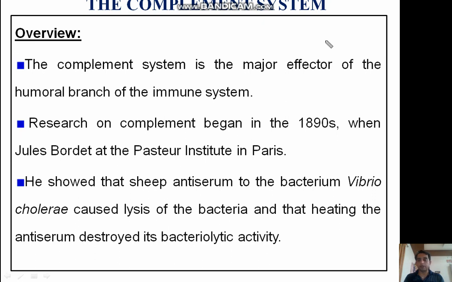But after heating this same antiserum, the bacteriolytic activity was destroyed. From this observation, it was concluded that the complement system is heat labile. That means at higher temperature, it loses its activity.